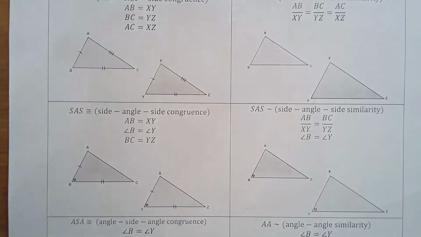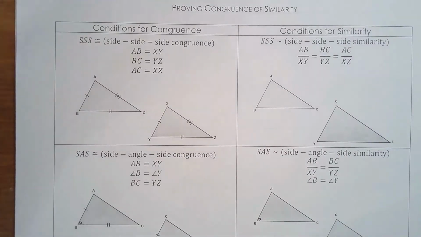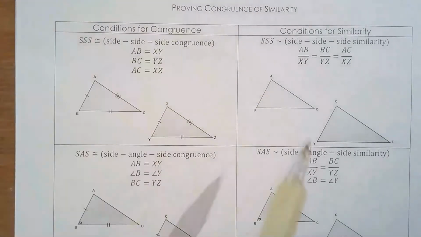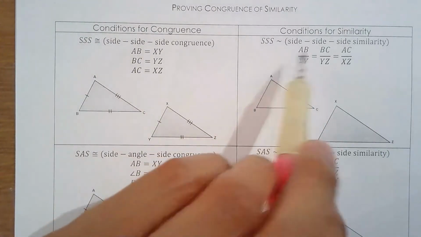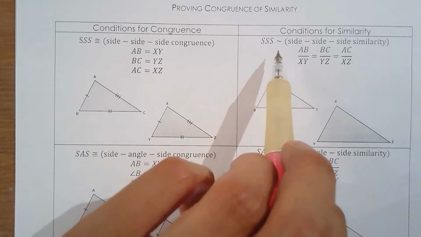So we're going to look at this piece of paper, which shows different ways to prove that two triangles are similar or congruent. Let's say I have triangle ABC and triangle XYZ. These two triangles are similar. This is one way of proving that they are similar, using side similarity.